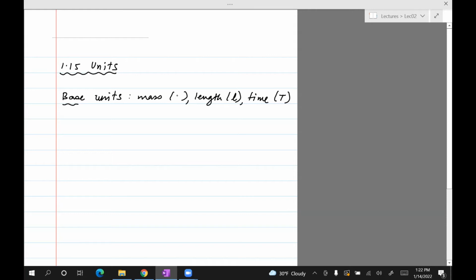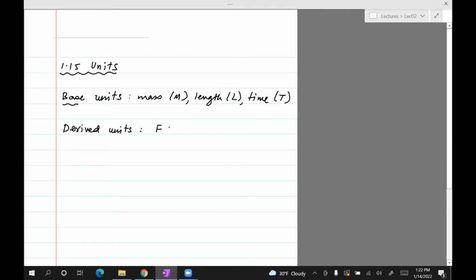Actually, I should write this as capital M, capital L, and capital T. Once you have the base units, you can figure out the units of anything else using them. These are the derived units; that is, you derive the units of other things based on the base units.